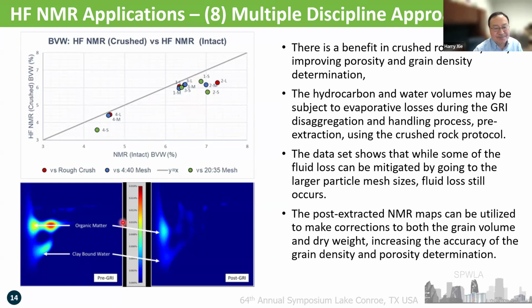And we also do the comparison. People nowadays are probably using a lot of the so-called GRI method, which stands for Gas Research Institute, to do the crushed sample analysis.